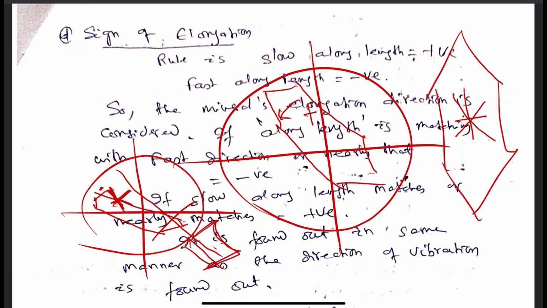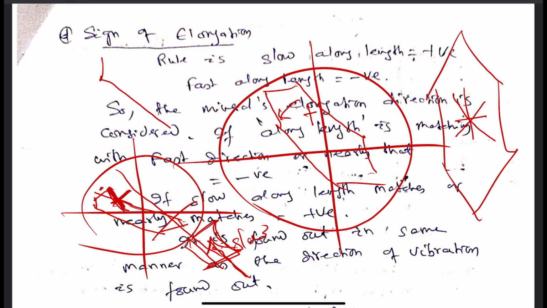Here the accessory plate is being pushed, and color is noted. So this direction of the mineral, if the color rises, now this direction is slow.